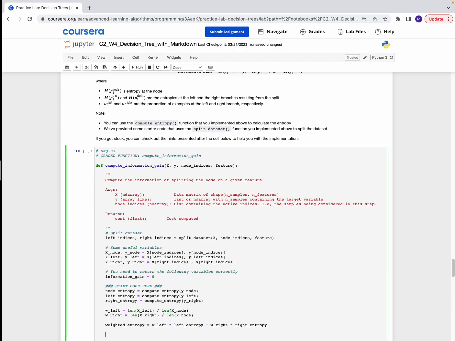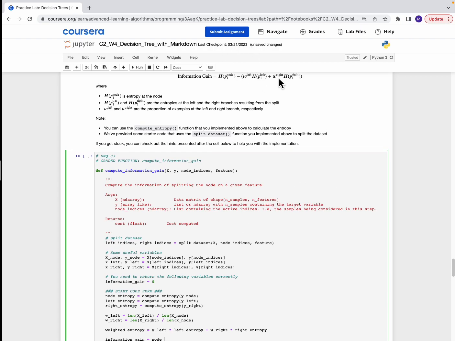And the information gain will be the node's entropy minus the weighted entropy.